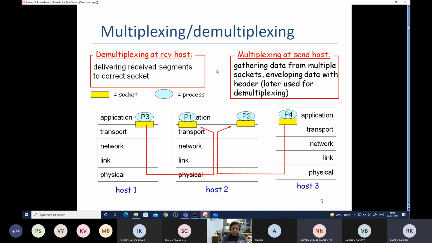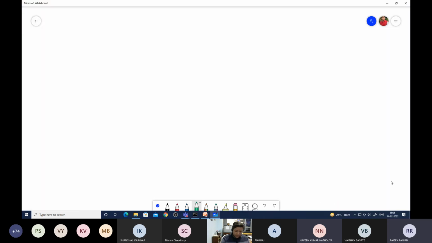machine. So if we switch to the whiteboard, suppose there is a machine here, machine M1, and it is running, say, 3 applications. Say application 1, application 2, and application 3. All these 3 applications would be writing data to these sockets.